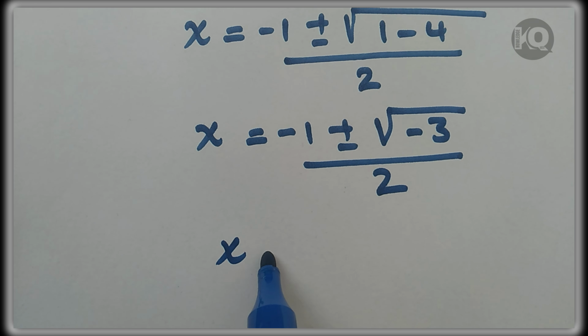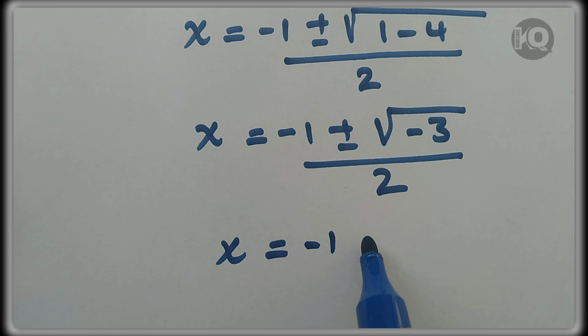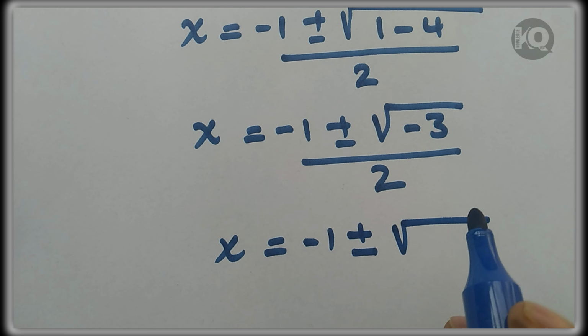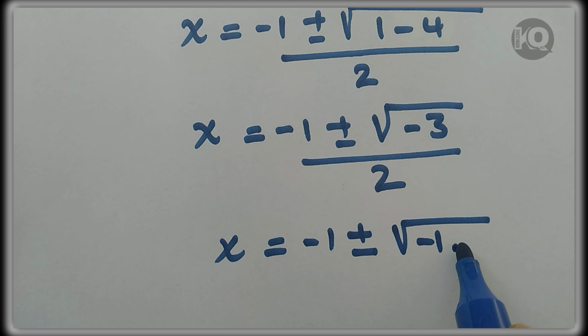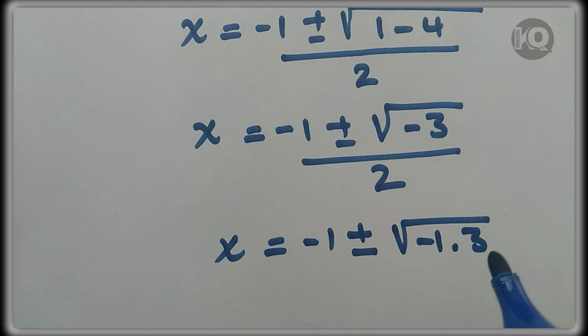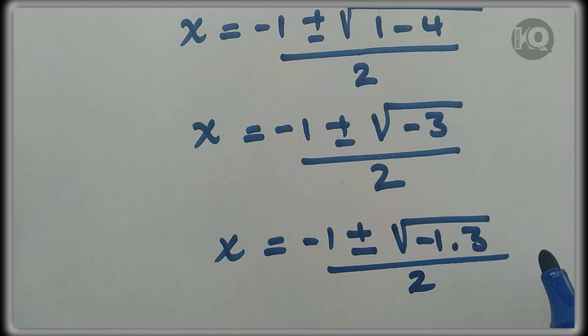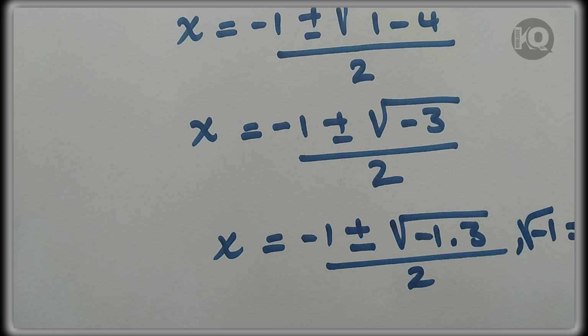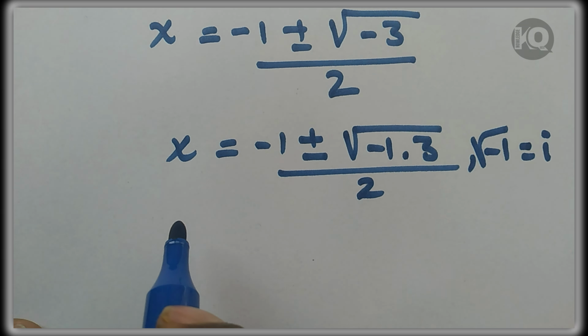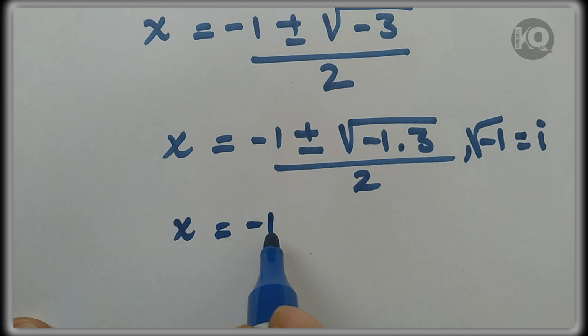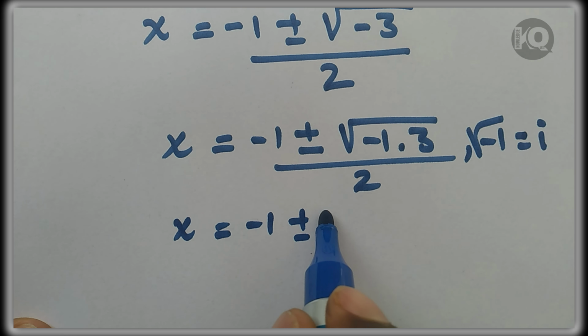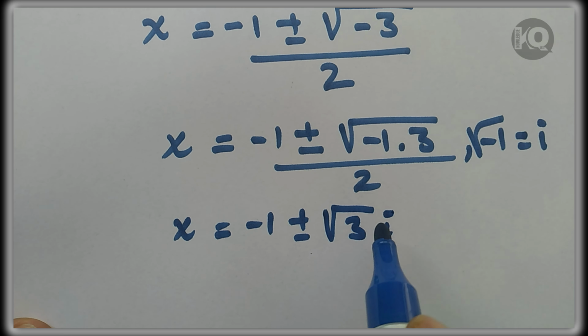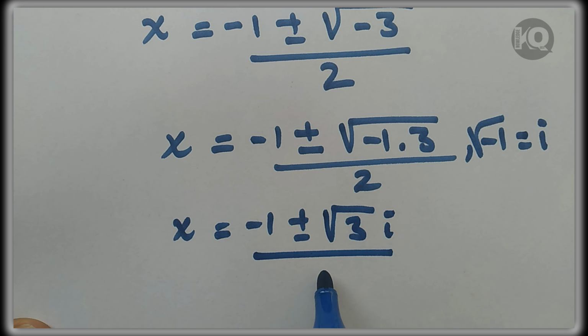And x is equal to minus 1 plus or minus the square root of minus 1 times 3, divided by 2. So from here we know that the square root of minus 1 is equal to i. So x will be minus 1 plus or minus the square root of 3 times i, divided by 2.